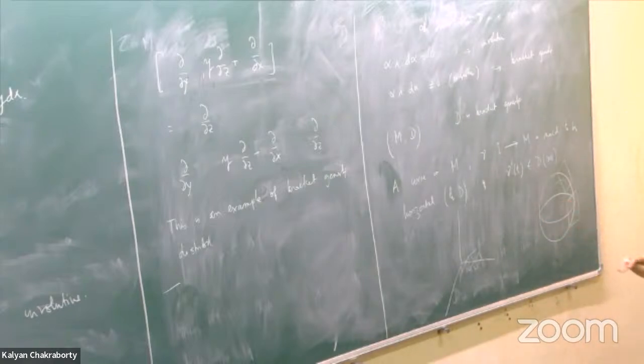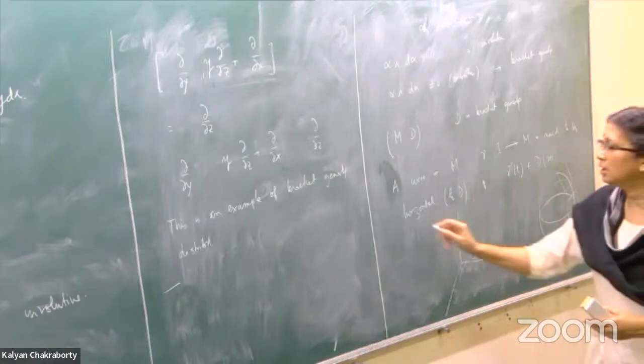That's a very bad picture. So if gamma prime of t belongs to D, these are called horizontal.